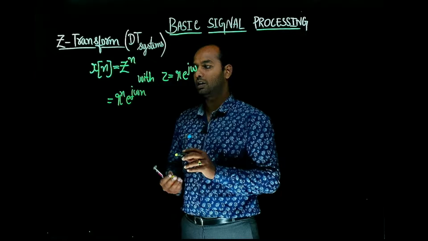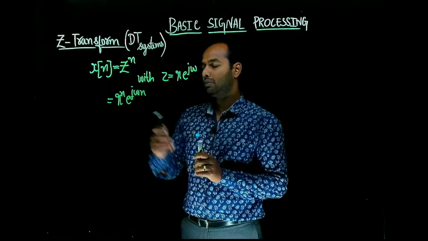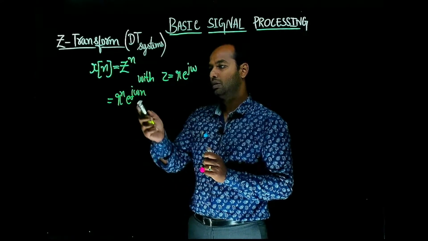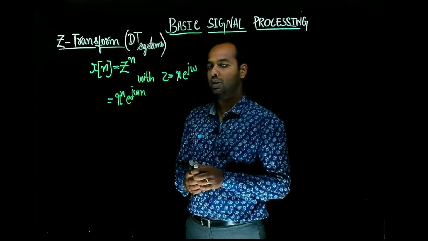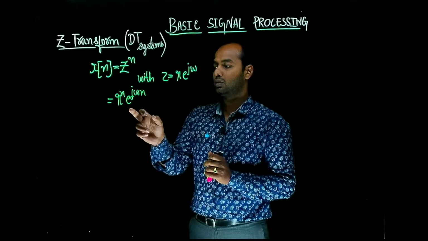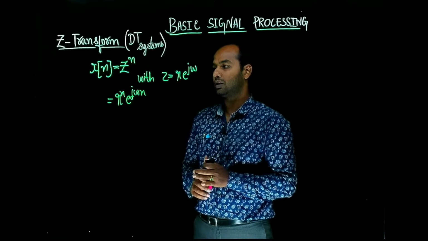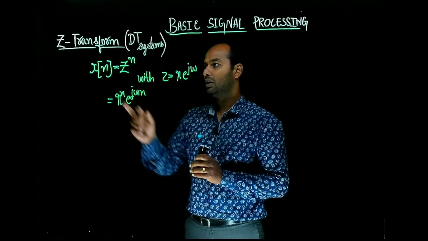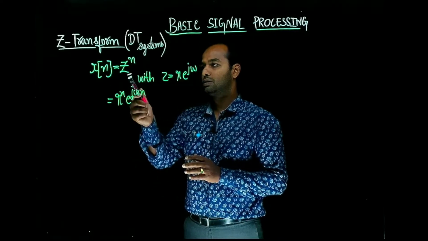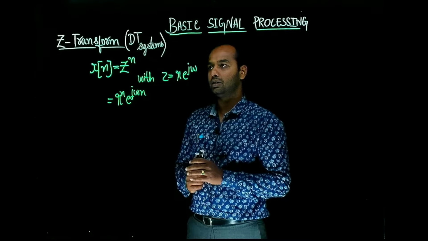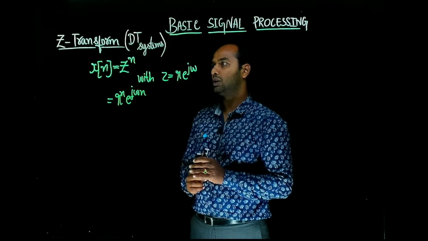If we write it in rectangular form, r represents the damping factor, and the real part from this complex exponential will get the cosine term and one more sinusoidal term in the imaginary part. Hence, in general, this function z power n is a complex exponential signal.